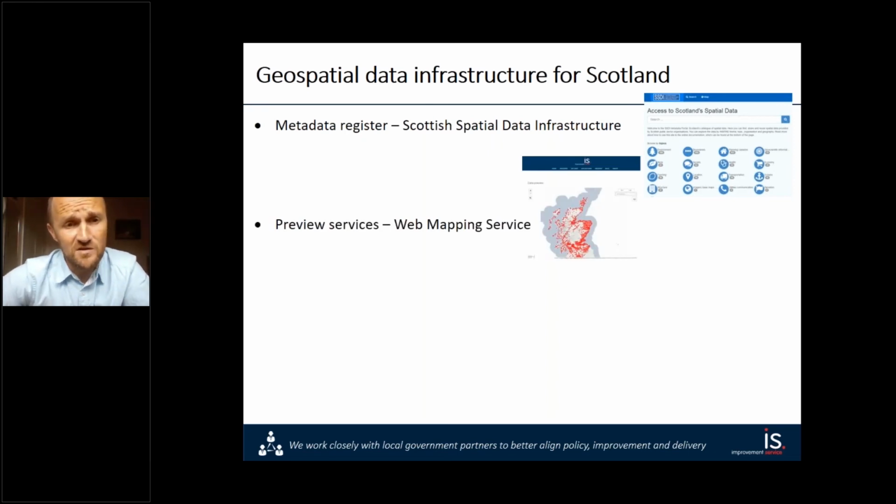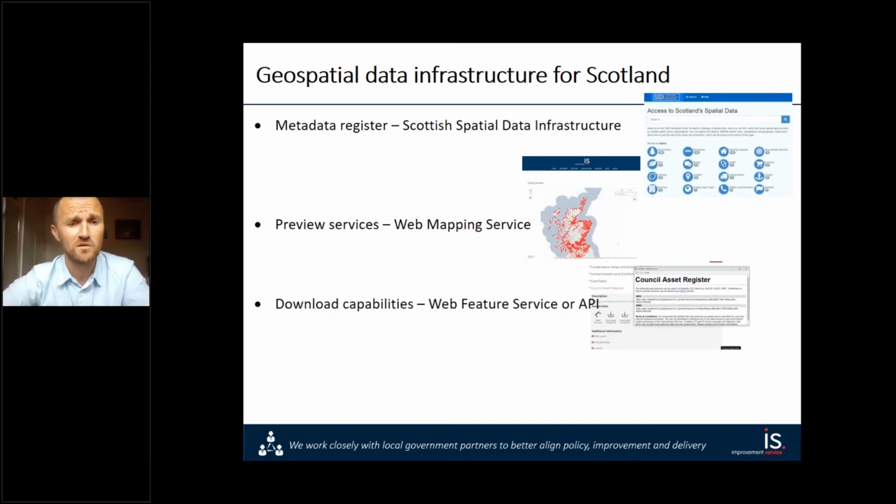In the Improvement Service, we have created a tool called the Spatial Hub that actually publishes data as web services. So here we have the capability to visualize and preview data as a web mapping service before we actually delve into it or download it.